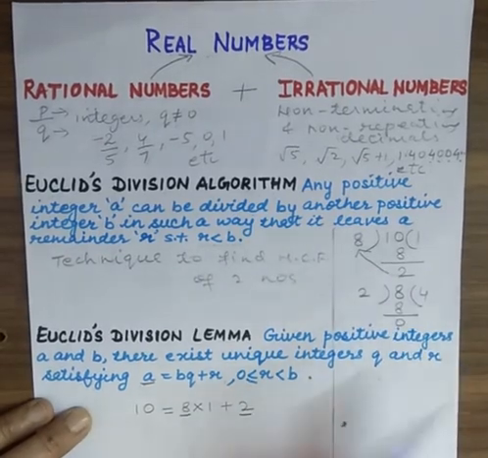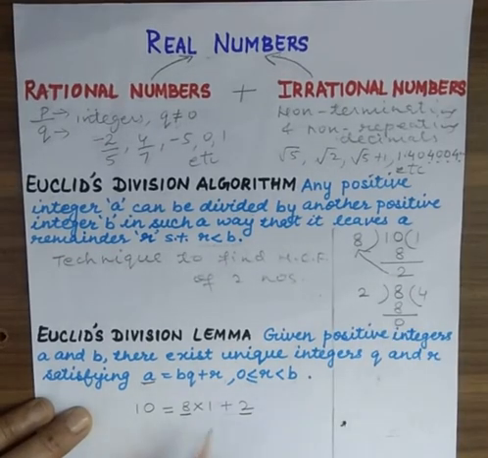Now rewrite this using this lemma. So 8 is equal to 2 into 4 plus 0. Now you see, when we got the remainder 0, the divisor was 2. Then 2 is called the HCF of the numbers 10 and 8.